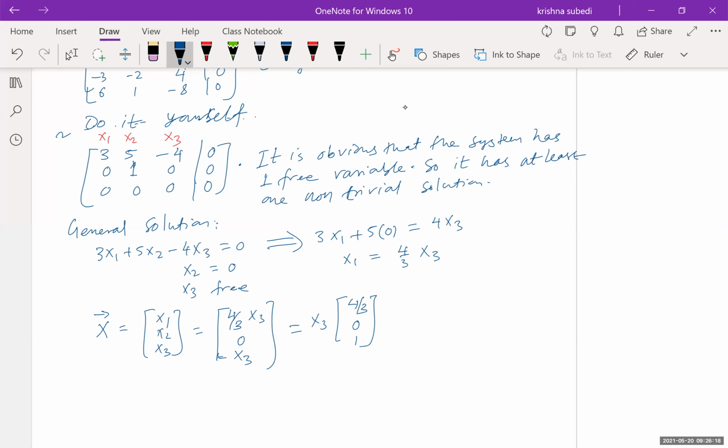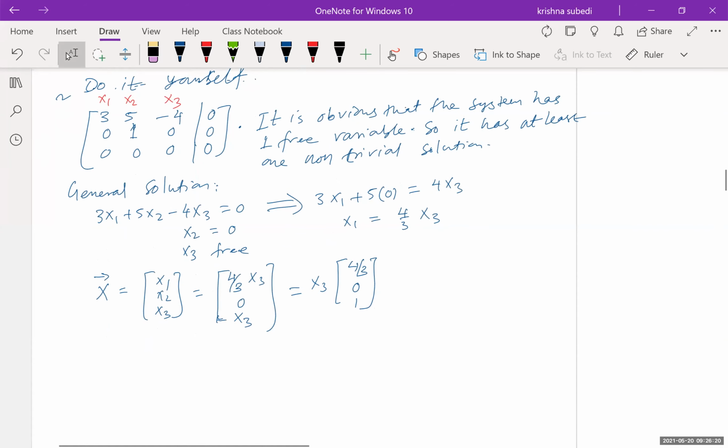So any question? Let me represent this as V. Okay, this is my vector V. So I can write x equals x3 V. Okay, and this is the general solution, and this form is called parametric vector form.